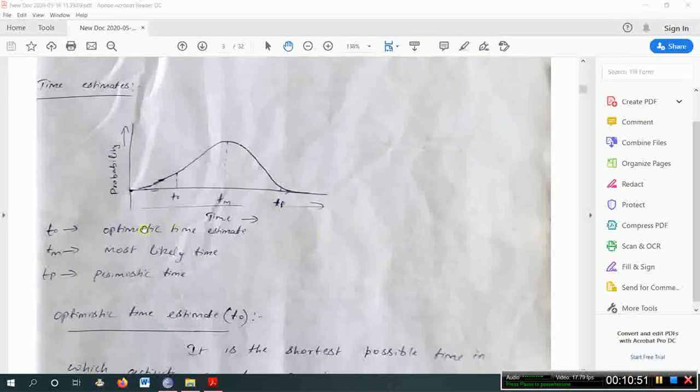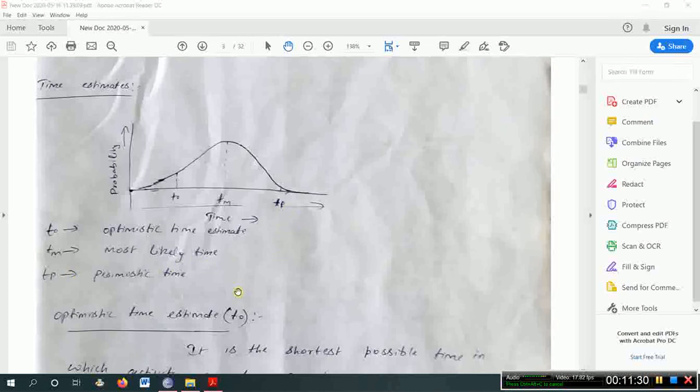Considering all these three time estimates: optimistic time means the time taken by any worker or any machine at the very least time. Most likely time means the time most workers or most machines take, considering all the delays or circumstances, that is, all the problems and delays happening in a regular working environment.